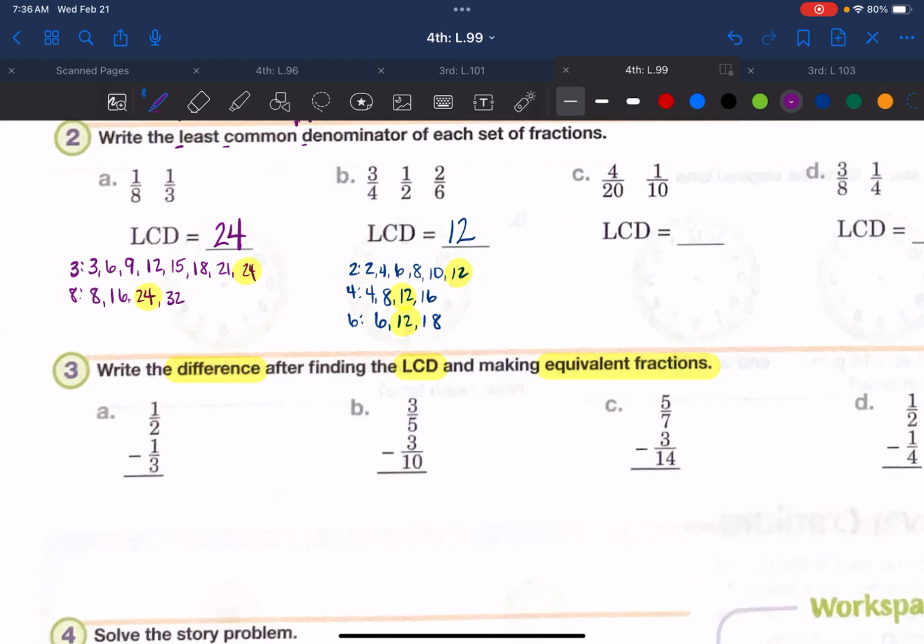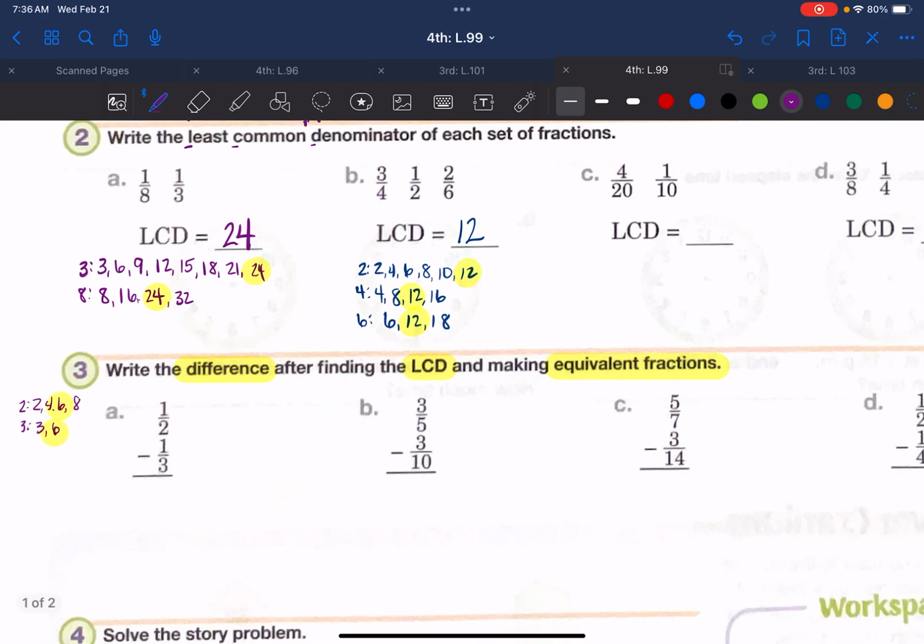So I have to find the common denominator for 2 and 3. So off to the side, I'm going to write my 2s and I'm going to write my 3s. 2, 4, 6, 8. Okay, if I do my 3s, 3, 6, and I can already stop because I see a 6 and I see a 6. So I need to make both of my fractions into 6ths.